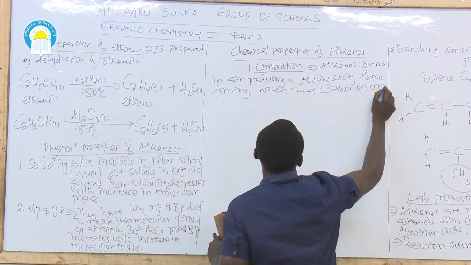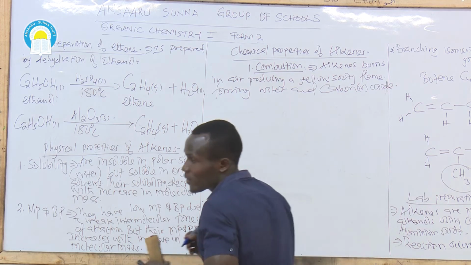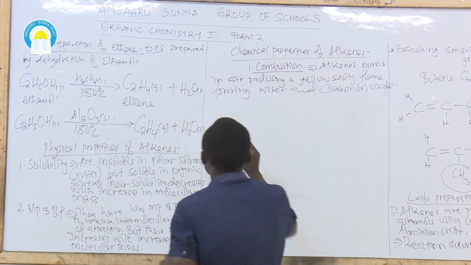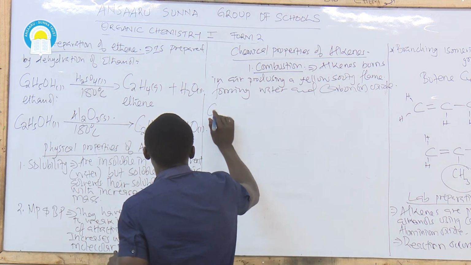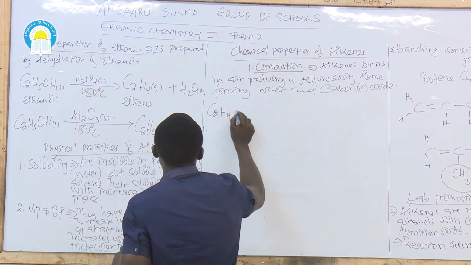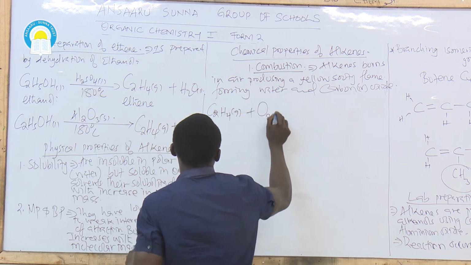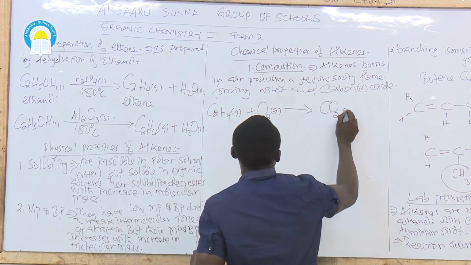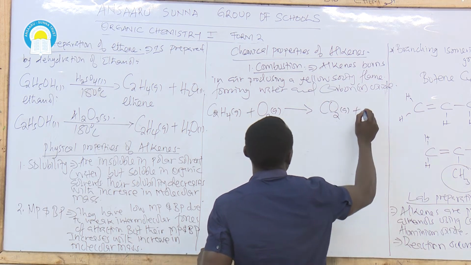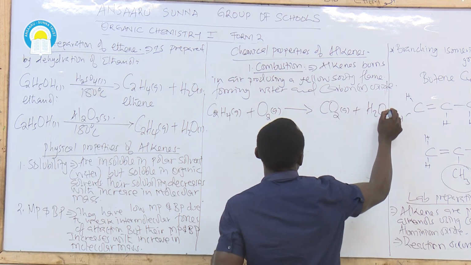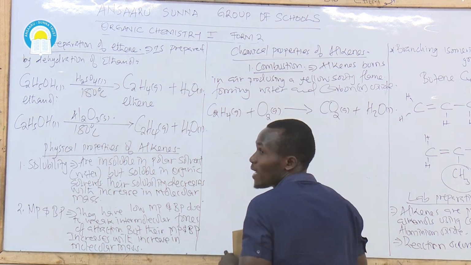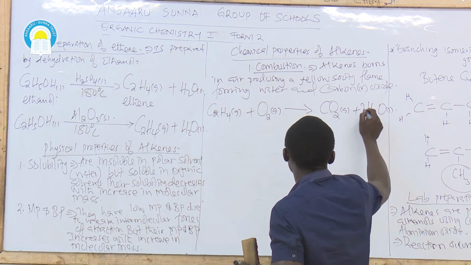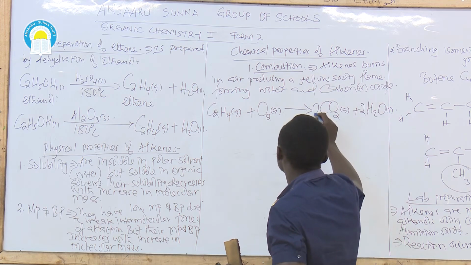So let's have a look at burning of ethene, that is C2H4 gas plus oxygen gas. This gives us CO2 gas plus H2O liquid. Balancing the chemical equation, we put 2 here and we put 2 here.